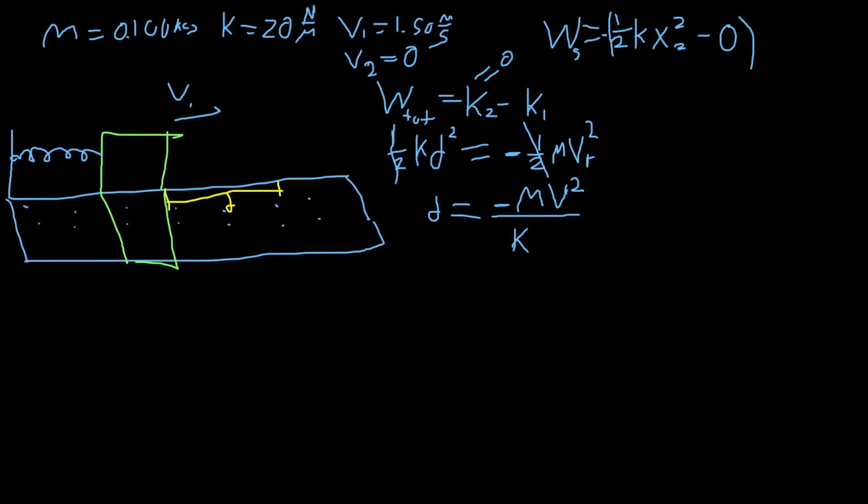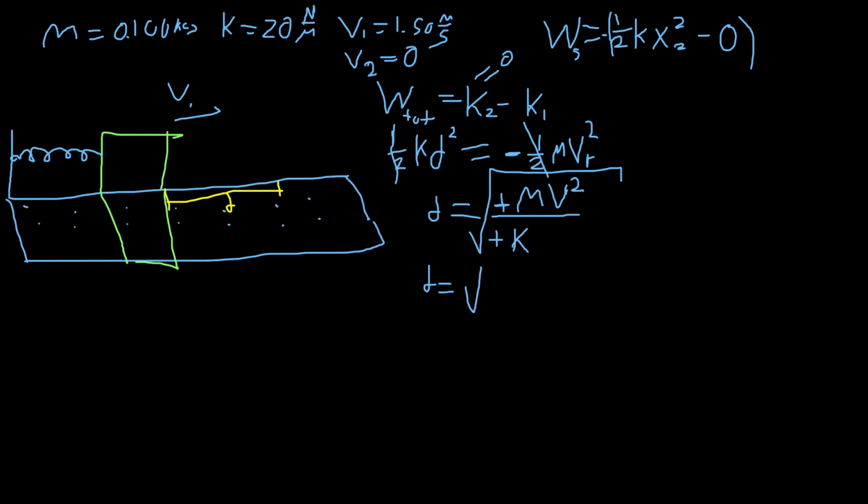This is the work being on the spring, which will bring us to a positive value here, because you can't take the square root of a negative number. So the reason that it's like that is because it's the work of the spring, which is opposite direction, and that it's pushing the object.